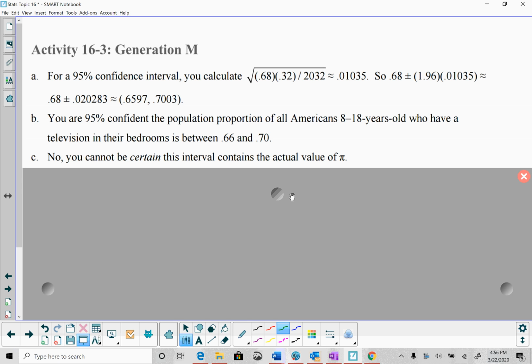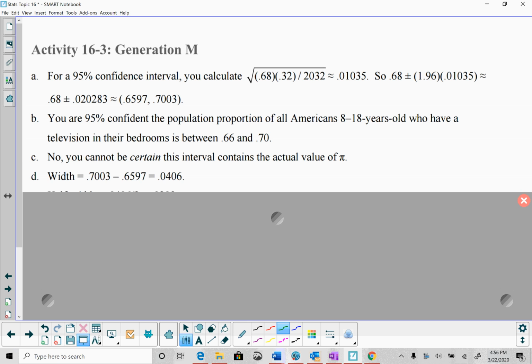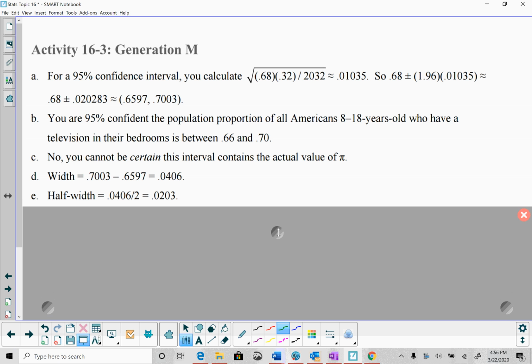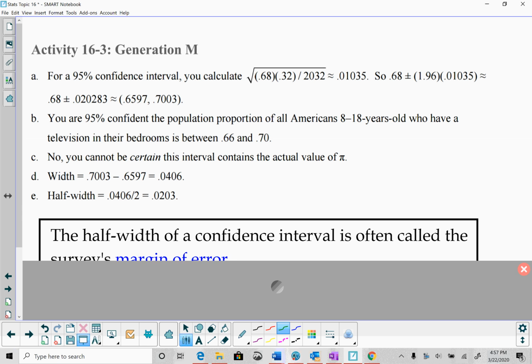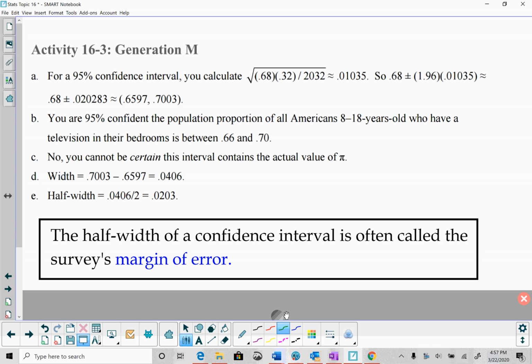Part D, now they want you to calculate the width of the interval, which simply means you subtract those two values. Part E, they're going to ask you to calculate the half width. No big deal. Divide by 2. The reason they're asking you to work with these numbers is because the half width of a confidence interval is often called the survey's margin of error.